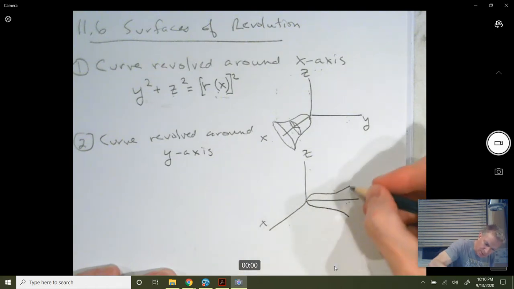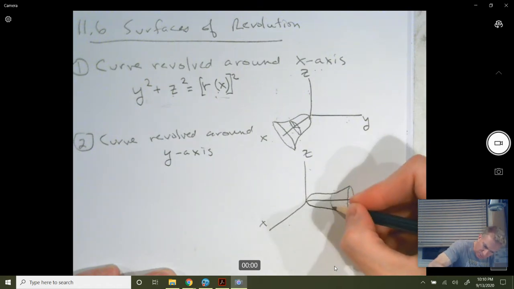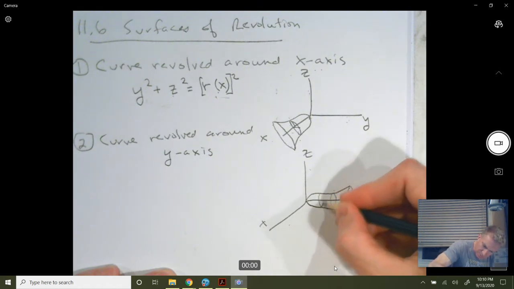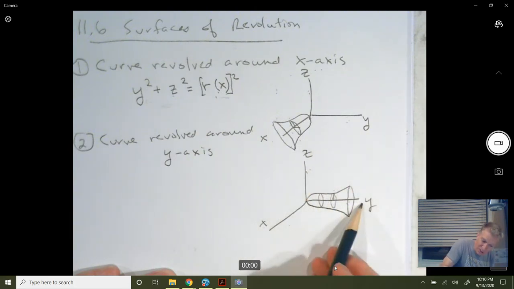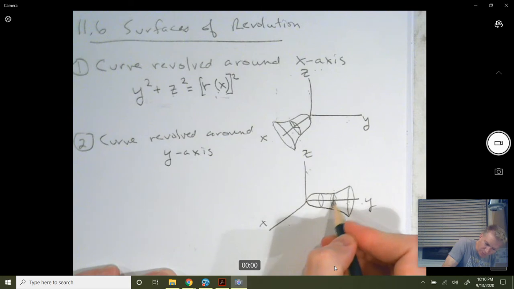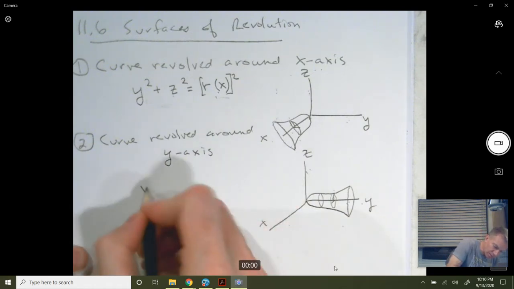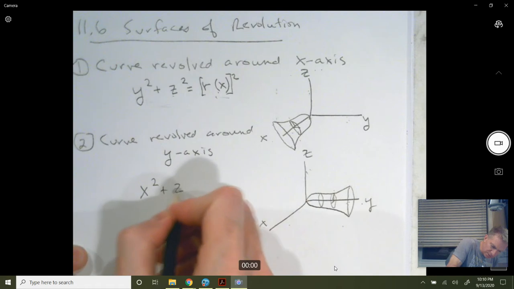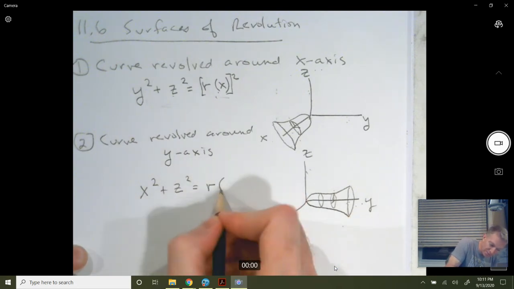Now your cross sections perpendicular to the y-axis will be circles. Okay, and this radius of the function would be your z value with respect to y, or your x value with respect to y if your curve were in the xy plane. Okay, so the equation of this one is going to be x squared plus z squared equals your radius squared, but now your radius has to be a function of y.